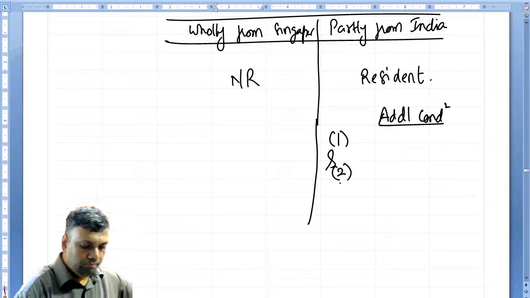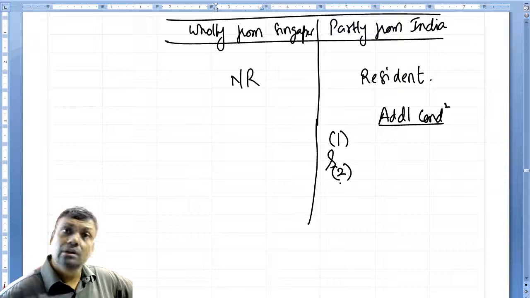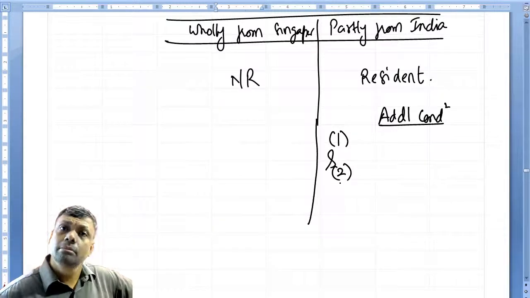This additional condition is exactly a duplicate of the individual, because the additional conditions of the individual and of the HUF are same to same.